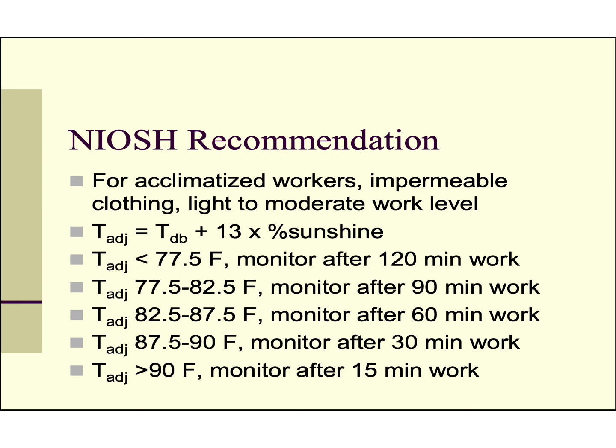Then you take that adjusted temperature and use it to determine when to do physiological monitoring for heat strain, whether that be temperature measurement or heart rate measurement, or I guess body water loss. So if the adjusted temperature is less than 77.5 degrees, you're supposed to monitor after 120 minutes of work, and so on, up to greater than 90 degrees, where you have to monitor every 15 minutes.